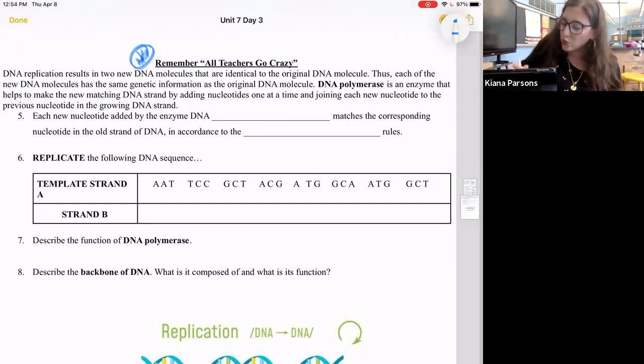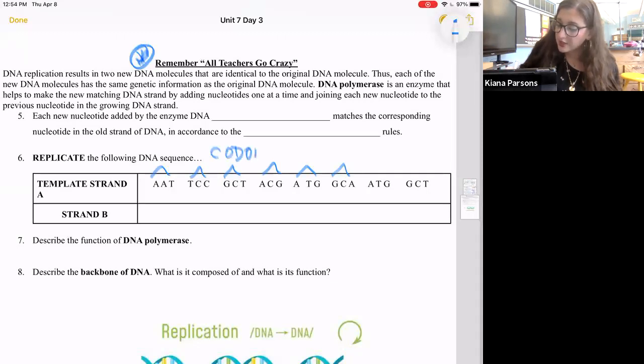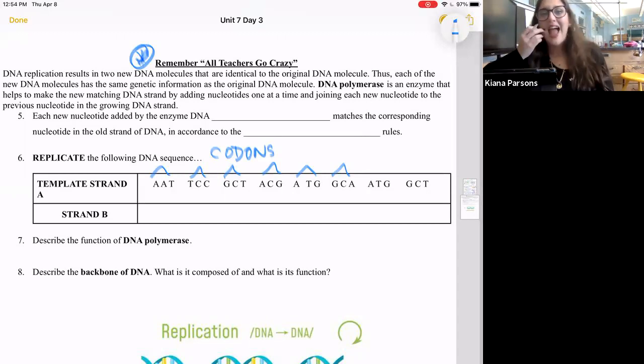And we can see each one of these little collections of 3, these are codons. And these codons code for specific amino acids. So many critical structures in our bodies are made up of amino acids, so those are very important. A codon is just a group of 3 nucleotides, 3 nucleotide bases.